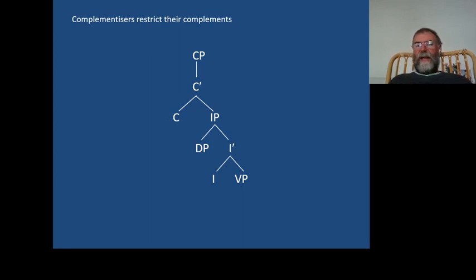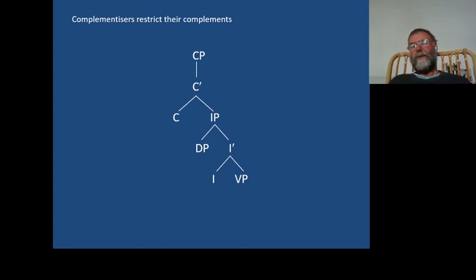Okay, what about the claim that the IP is the complement of the complementizer? Well, we motivated that on the fact that the complementizer always precedes the IP, but is there any other reason to believe that? Remember, the relationship between a head and its complement is a restrictive relationship.